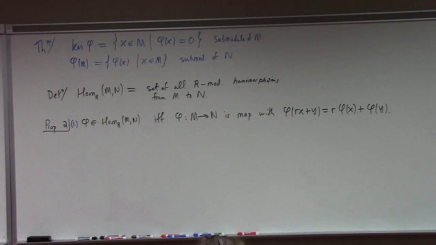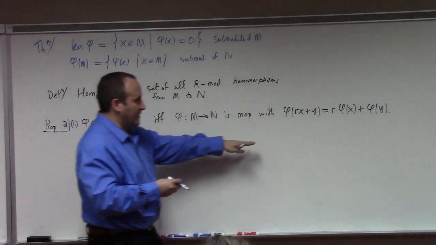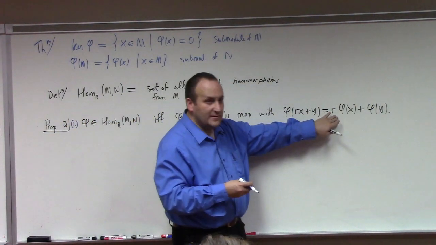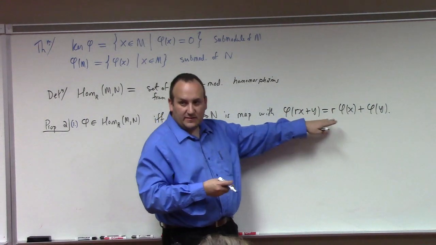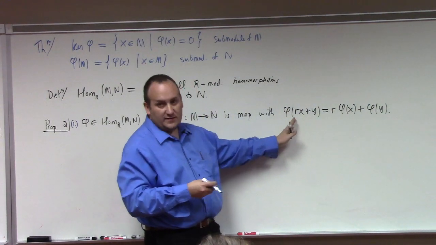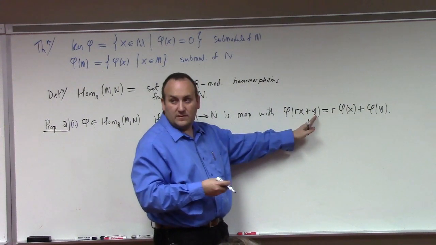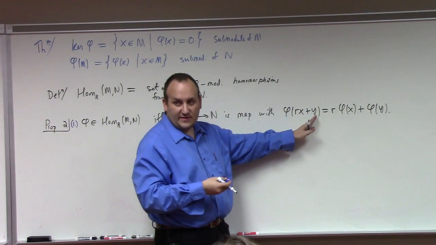Here we're checking linearity of the R-module homomorphism, simultaneously checking that we can pull out the multiplication by the ring, and also additivity. If you put R equals 1, you get additivity. If you put y equals 0, you get part B of the axiom.